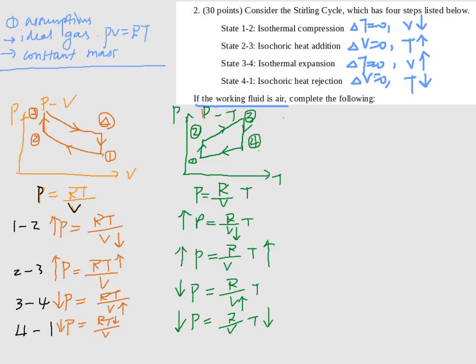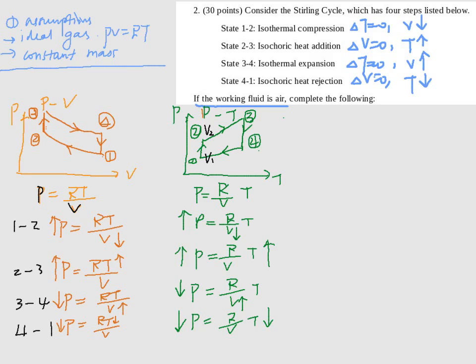So here, I'm going to change the color. At 2, we say the volume at point 2 is V2. That's a smaller volume than V1, right? Because we compress the gas from V1 to V2, okay?